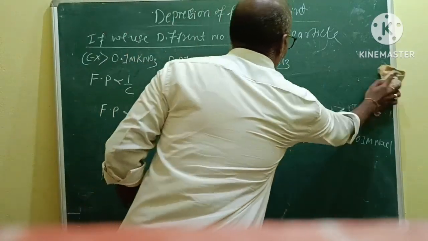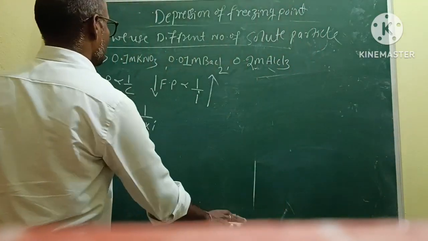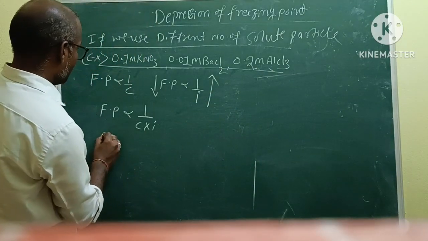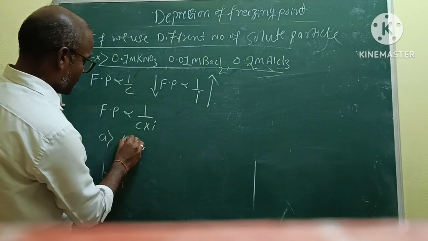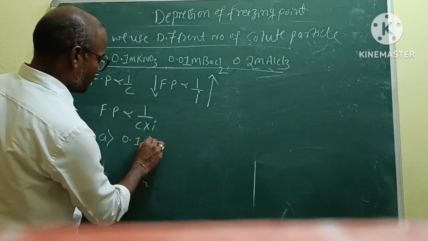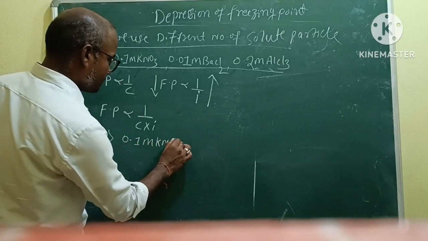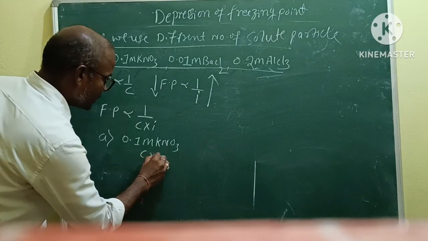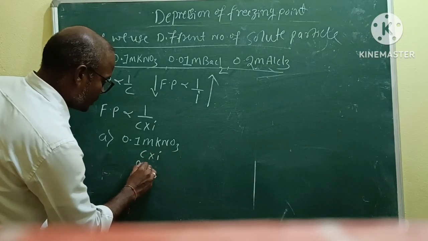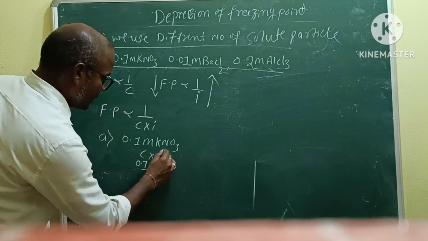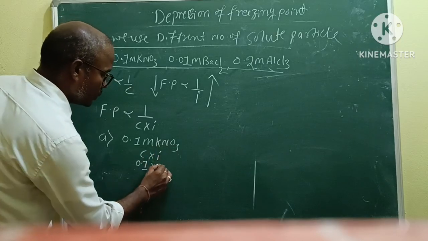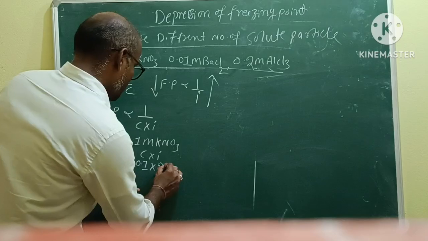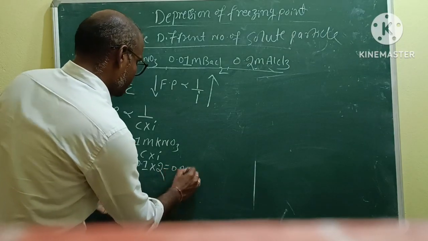Let's solve this example. First one, 0.1 molar KNO3. Here C into i: concentration is 0.1, and potassium nitrate dissociates into 2 particles, so the answer is 0.2.